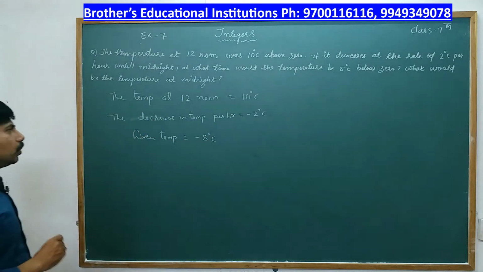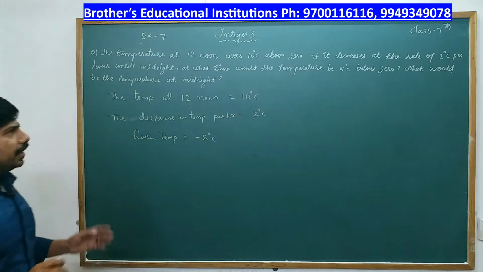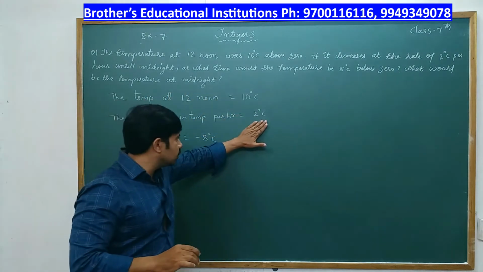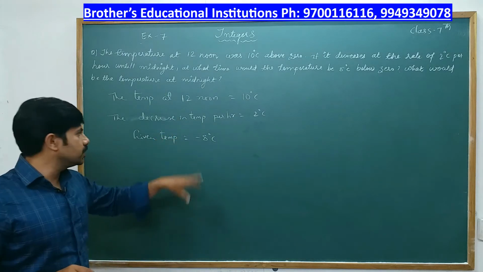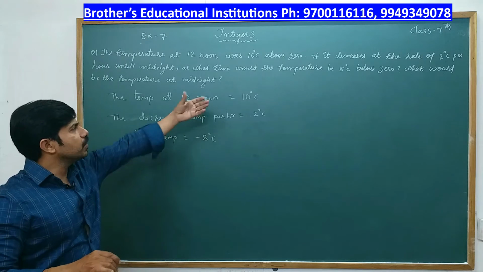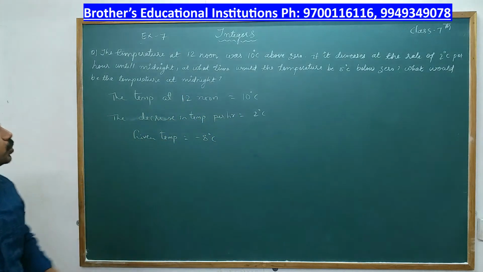Per hour it decreases 2 degrees Celsius, so put it as 2. But the given temperature is below zero, so I am writing it as minus 8. Here no need to put the minus sign; as it decreases 2, let it be plus 2 only.